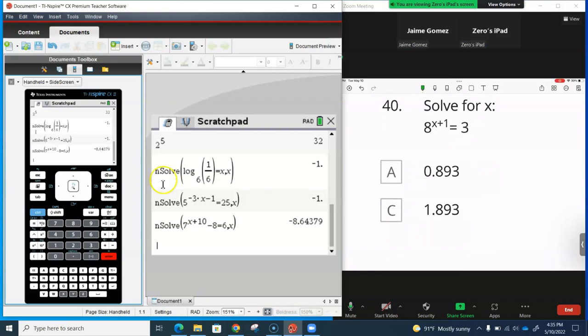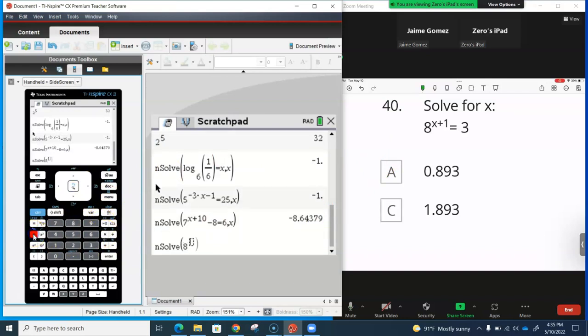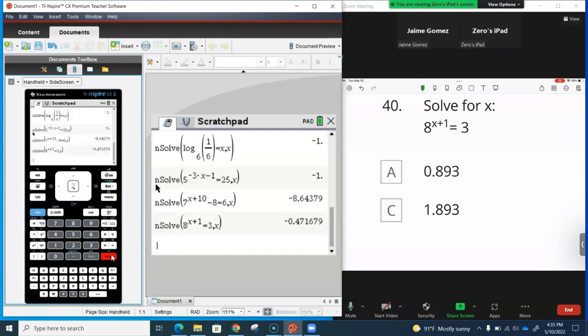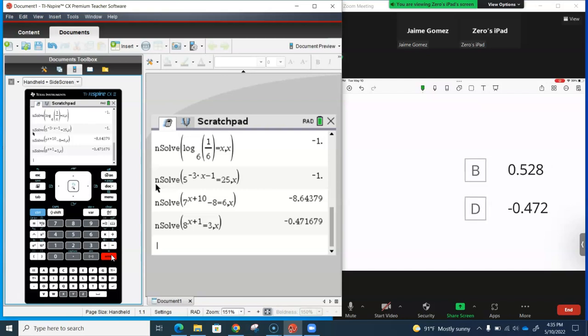And the last question here, menu 3, 1. 8 raised to x plus 1, get down, and then put equals 3, and then comma x. -0.47. There it is.